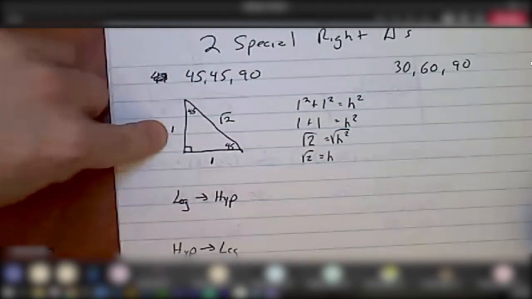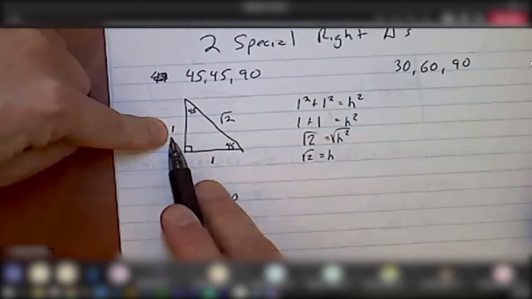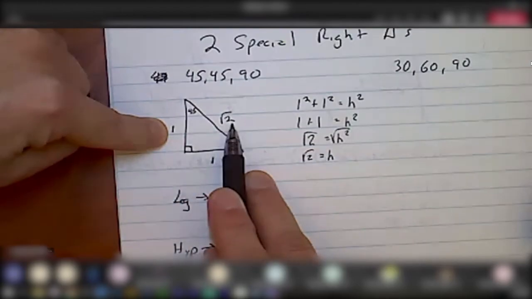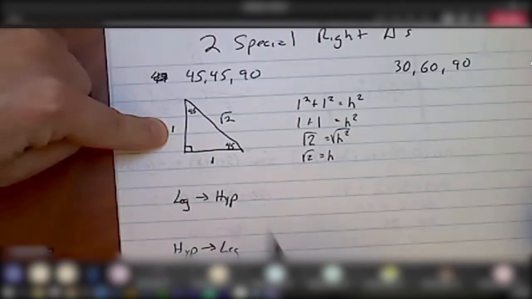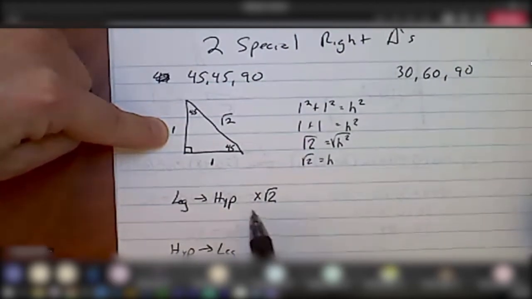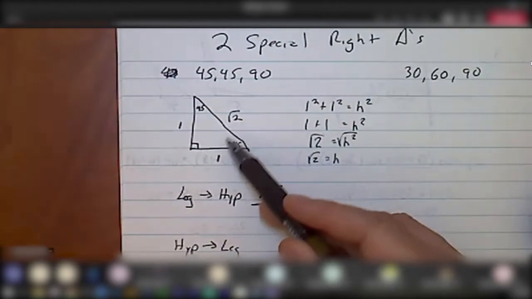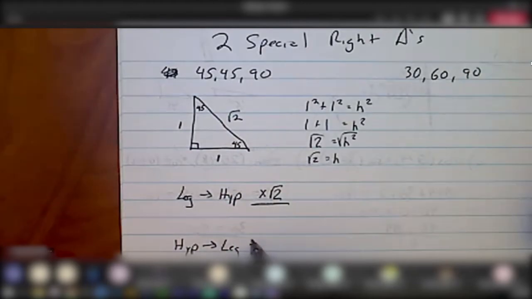So if I was nice enough to give you the leg, what would you multiply 1 by to get to the square root of 2? The leg to the hypotenuse, all you do is multiply by the square root of 2. If I give you the hypotenuse and you want to go back to the leg, all you do is divide by the square root of 2.